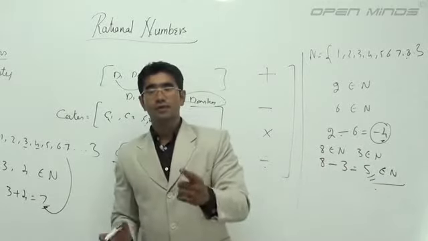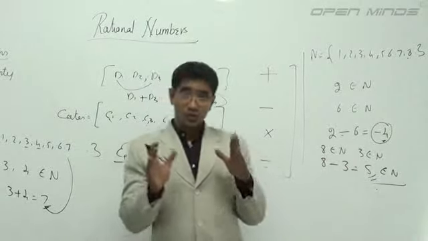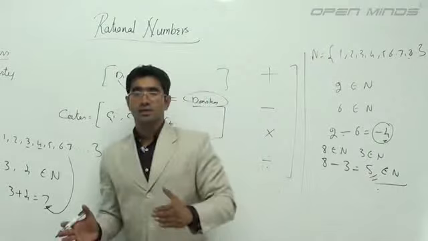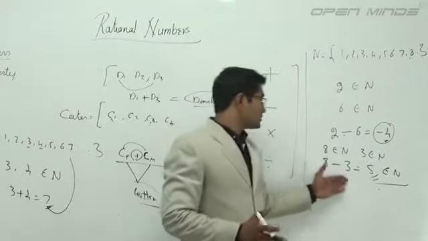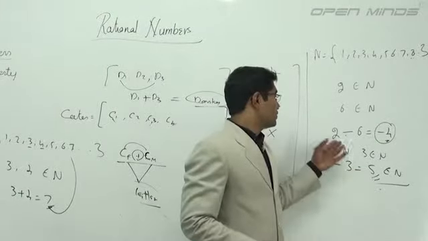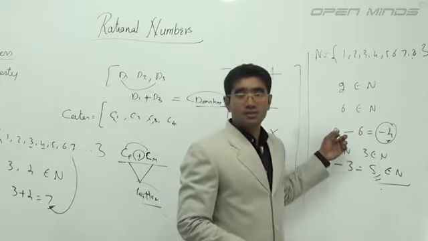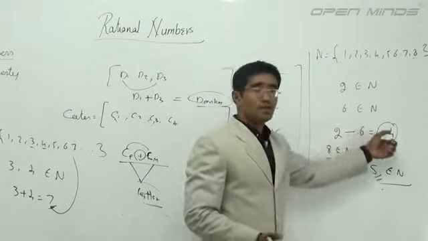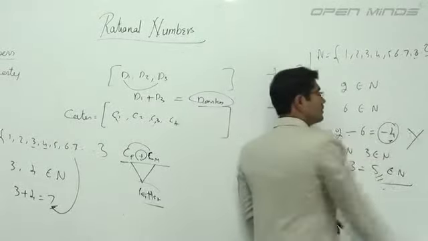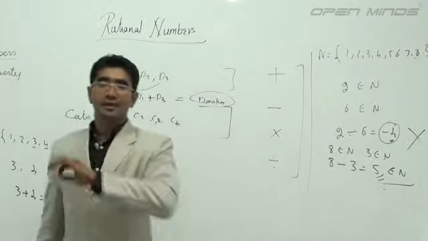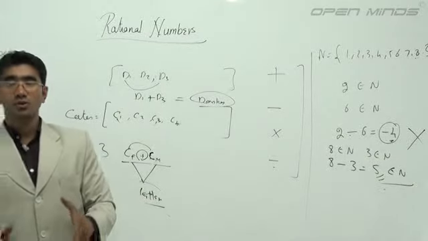Even once if you don't get it, then it doesn't hold. So you need to think of cases like negative results. You should not only take 8 minus 3 is 5, but what about 2 minus 6? Even though these are natural numbers, 2 minus 6 is minus 4. Now this doesn't hold. So even if one case fails, then it is not closed. That's the whole logic about closure law.